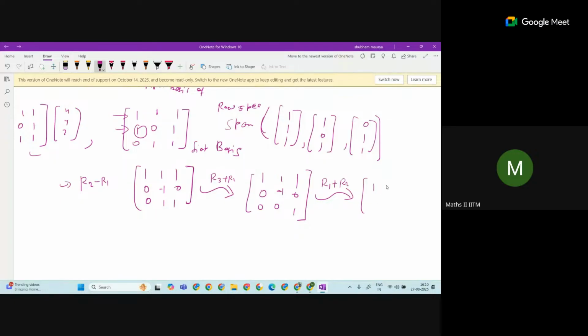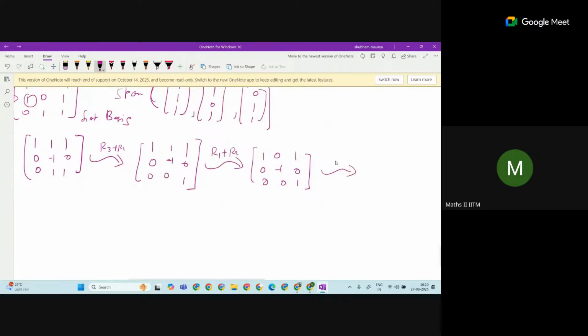So this will be 1 0 1, 0 minus 1 0, and 0 0 1. And one more step I can do: I can subtract R3 from R1. So this will be 1 0 0, 0 minus 1 0, 0 0 1.